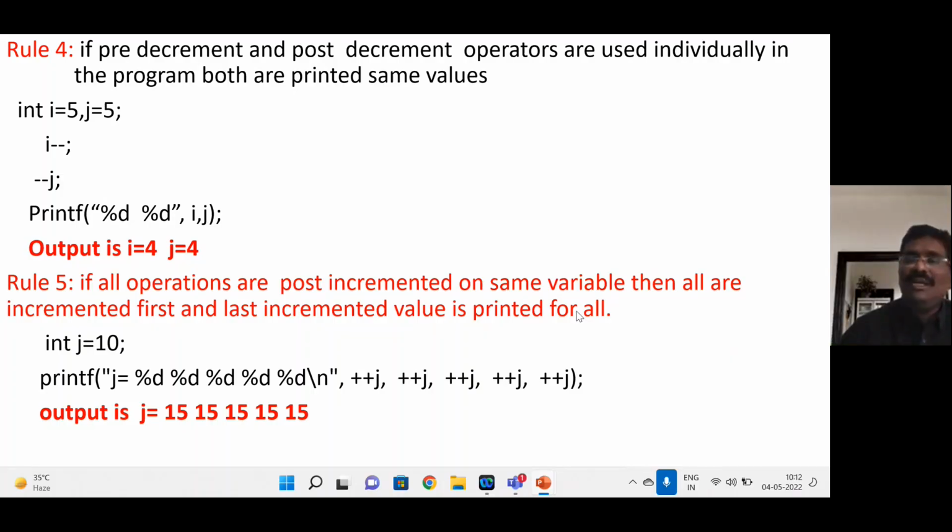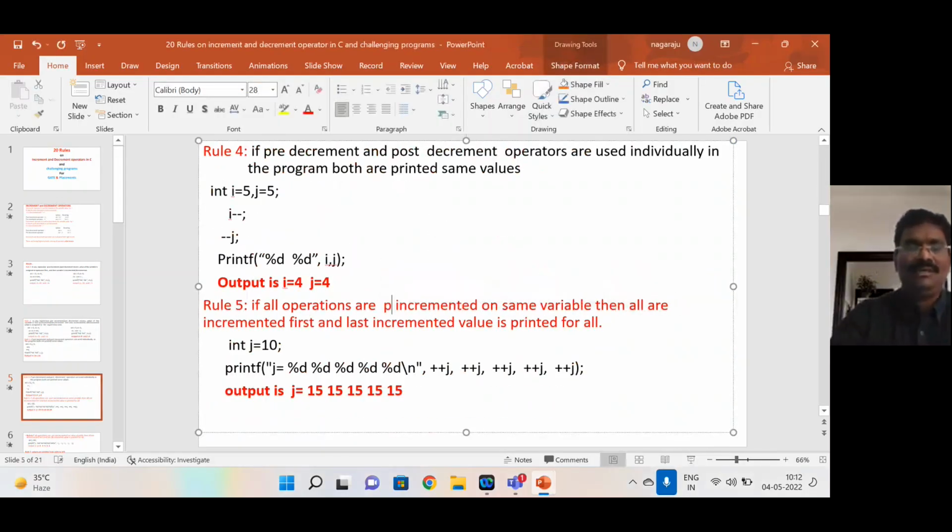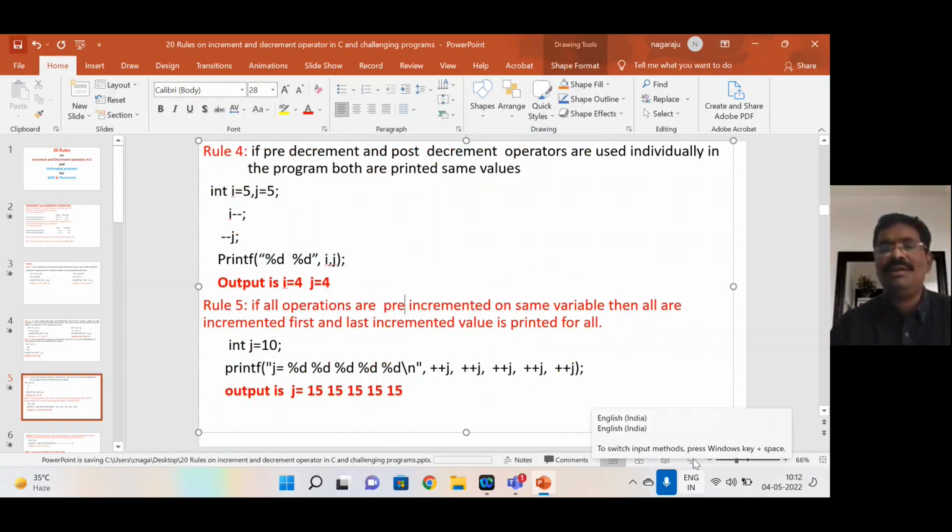Sorry, here the answer is for the pre-incremented case.